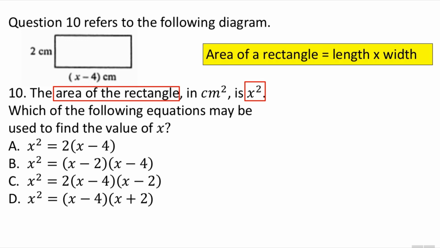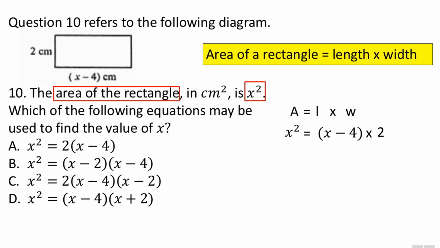And then we recall area of rectangle is equal to length times width. We know that the area of the rectangle is x squared. So area of rectangle is equal to length times width, and the area is x squared. Where I have area, I'm writing x squared, and that's equal to the length of the rectangle, x minus 4, times the width, which is 2 centimeters.